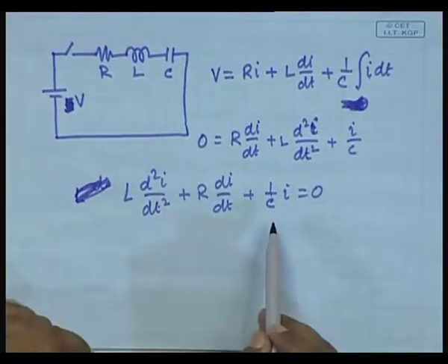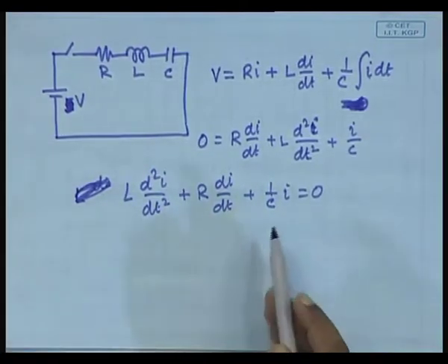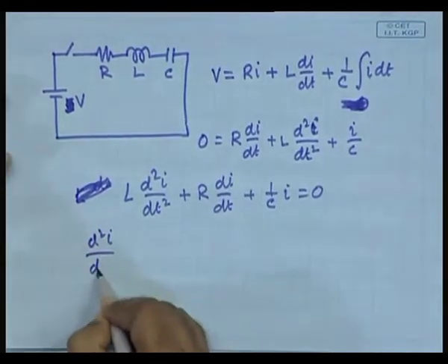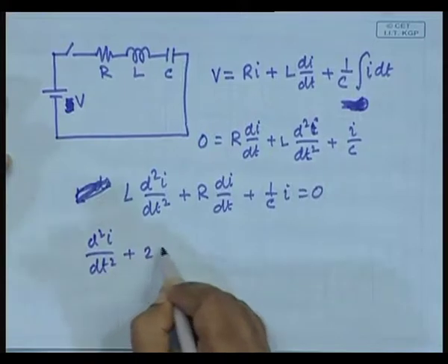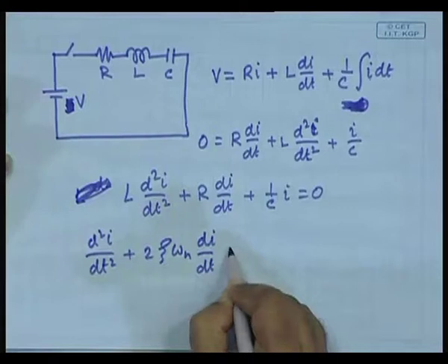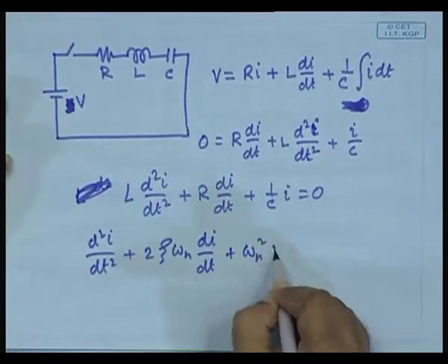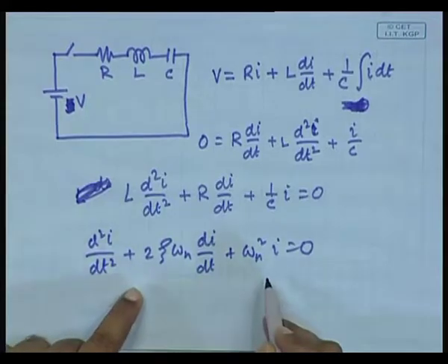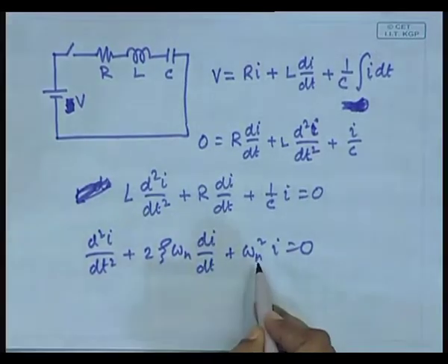Good. How do you solve it? You already know that you will have to write it in the form d2I dt2 plus twice zeta omega n dI dt plus omega n square I is equal to 0. The moment you write in this form, then these values will tell how the solution is. Good.